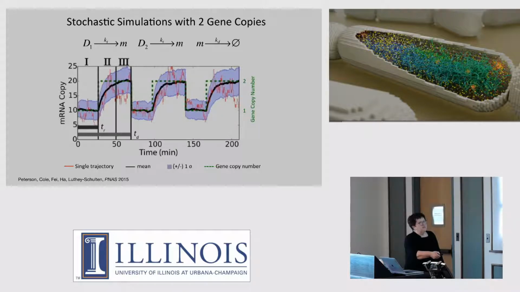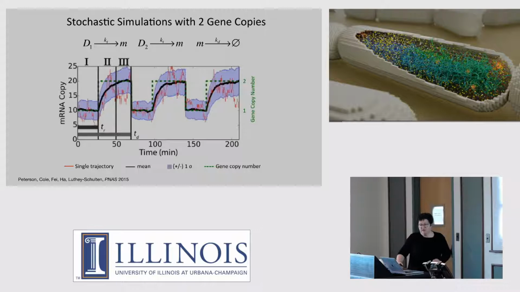So if this is the division time of the cell, let's say it's 70 minutes, not 2 hours, and the gene you're looking at is here at, say, about 25 minutes, after 25 minutes, you're going to have a second copy of the gene. If one gene is making 10 copies, the other one will also be making 10, or you'll see a total of 20 in the cell after a certain period of transition, right?